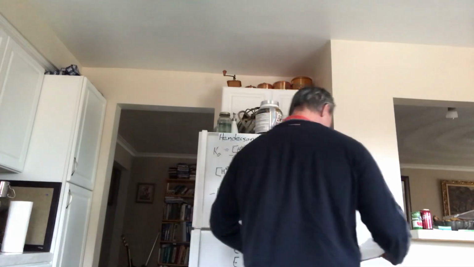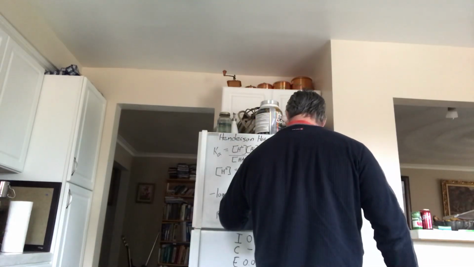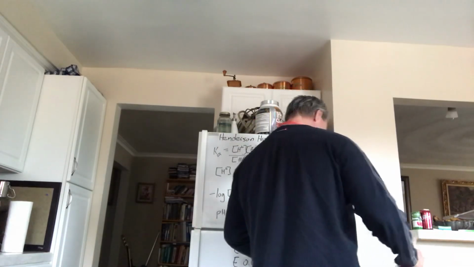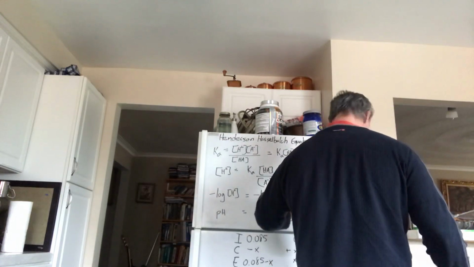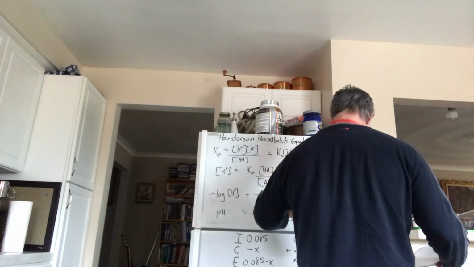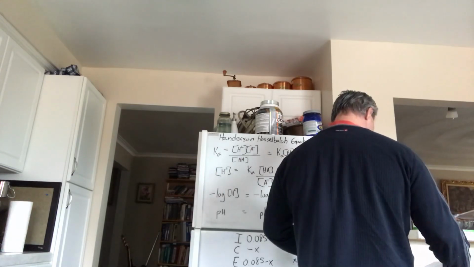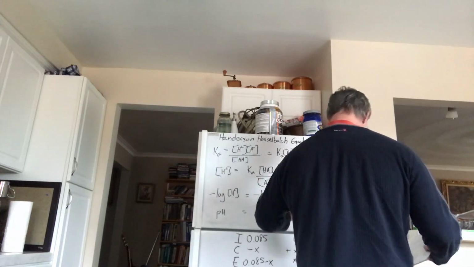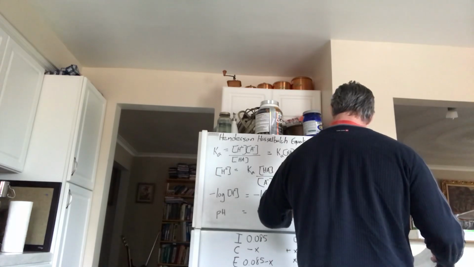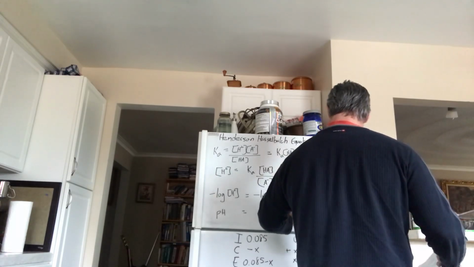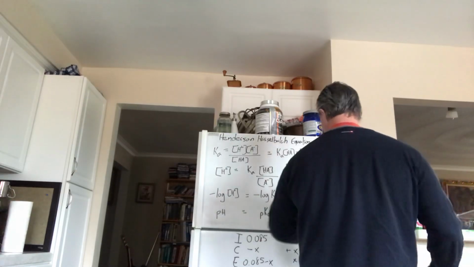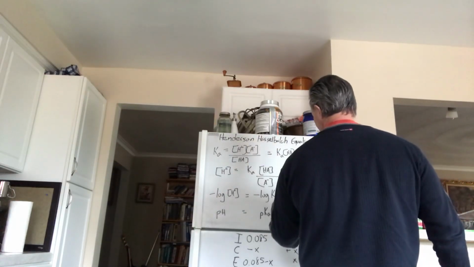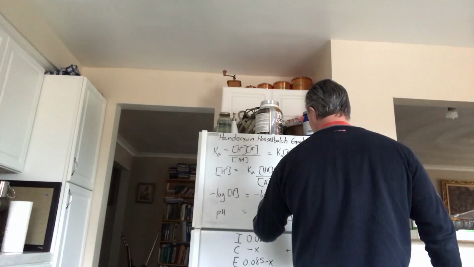Simplifying, we get pH equals pKa minus the log of A minus over HA. And then because I'm allowed to, when I flip it over, I change the sign on it, this negative log becomes plus log.